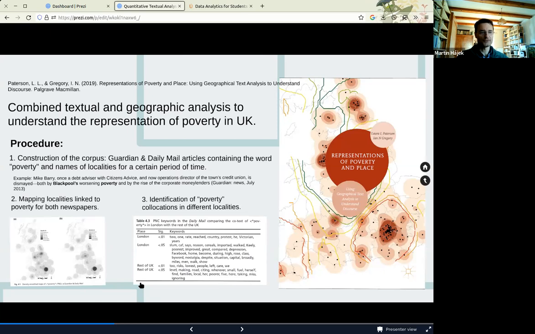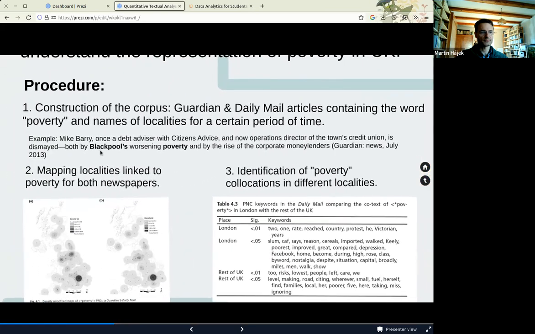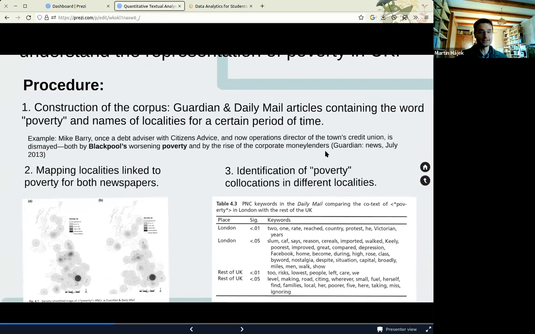And how they proceeded, they first constructed the corpus, and they searched for the word poverty in the left-wing newspaper Guardian, and in the right-wing newspaper Daily Mail. So they searched for articles containing the word poverty, and such an article also had to contain the name of a locality. And there is an example of such a sentence.